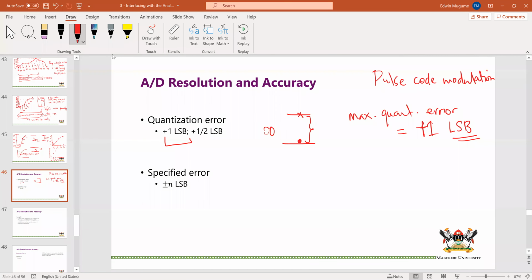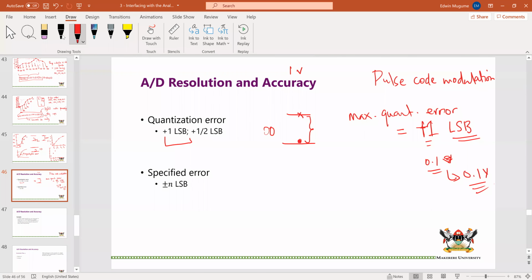So it is possible to create an error that is equivalent to the weight of the lowest significant bit. If its weight is 1, then I've created an error of 1 volt. If the weight is 0.1 volt, then my maximum error is likely to be around 0.1 volt, and so on and so forth.